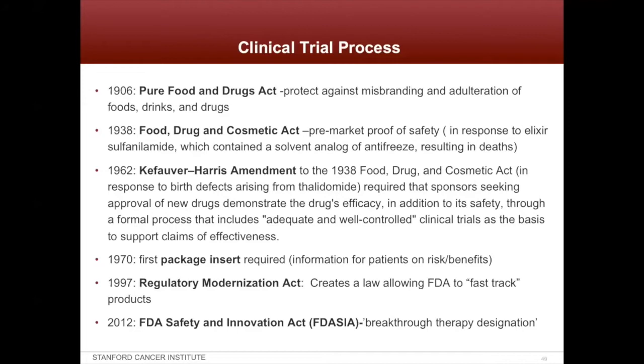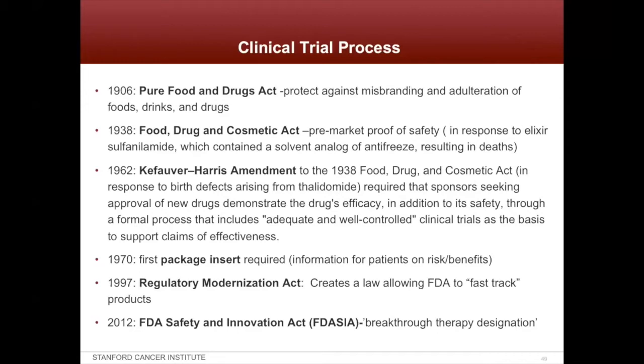So the Food, Drug, and Cosmetic Act was enacted, which basically required pre-market proof of safety before anything gets on the shelf. In 1962, and I'm sure you remember the late 50s, there was the episode with thalidomide being given to women who were pregnant.